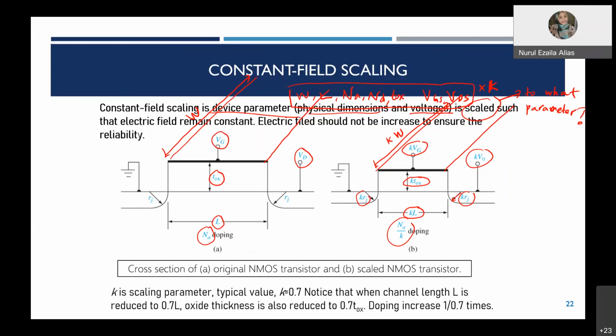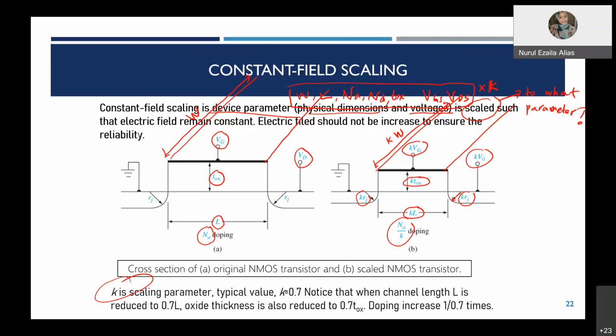So this happens when we use constant field scaling. Constant field scaling here is the K parameter. In any specification sheet, usually they will multiply the values with the K value, and they state already there that the K value is 0.7. So for example, the length is given as 1 micrometer.